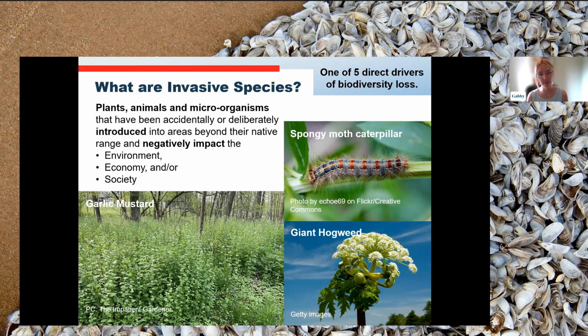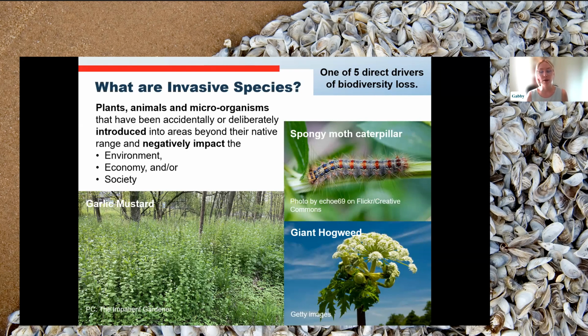So for a definition, an invasive species can essentially be a plant, an animal, a microorganism, which could be a disease or a parasite, that has been accidentally or even deliberately introduced into an area beyond their native range. So that's one piece to the definition. The second piece is that the species that's been introduced beyond its native range has to have a negative impact, and it has to hit one of those 3 categories there.